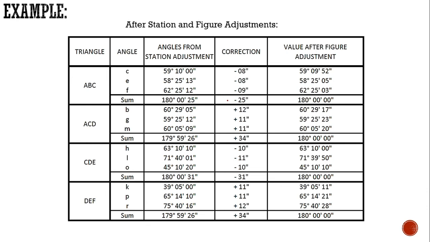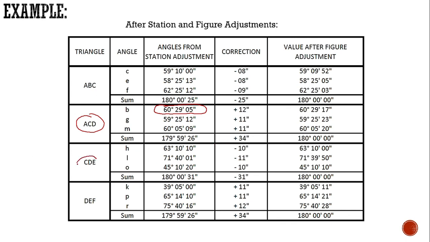If you have observed here, for triangle ACD, since the largest among these angles is angle B prime, we have added 12 and subtracted 11 from them.